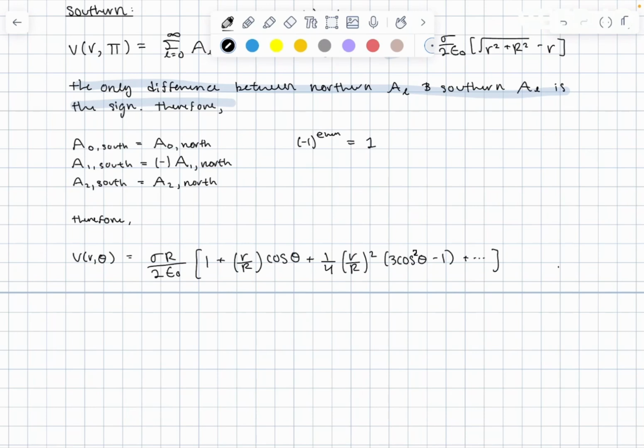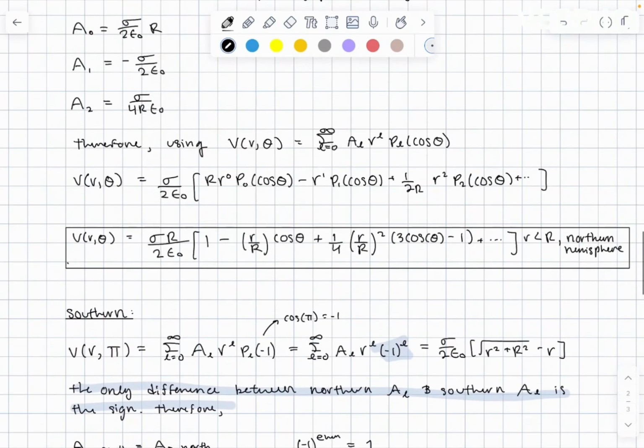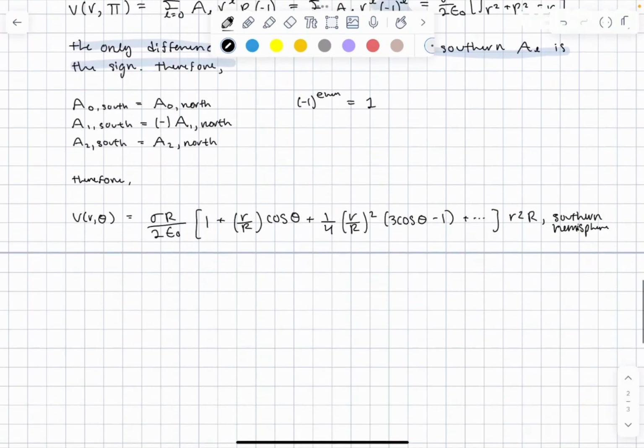Right, and that's again for r is less than our radius in the southern hemisphere. And so again, when we're comparing the solution to what we got up here, the only difference is this sign right here. So that is our solution and solves part B.